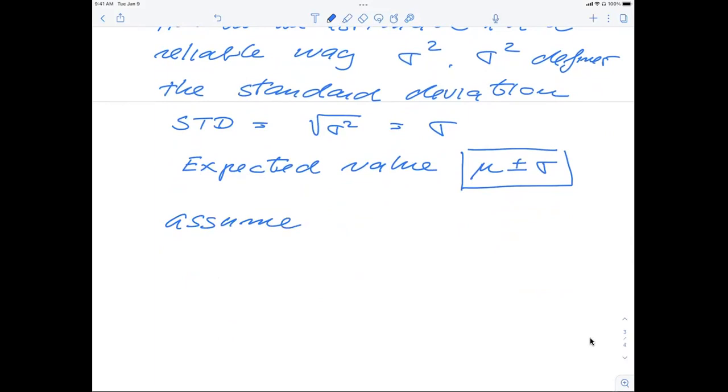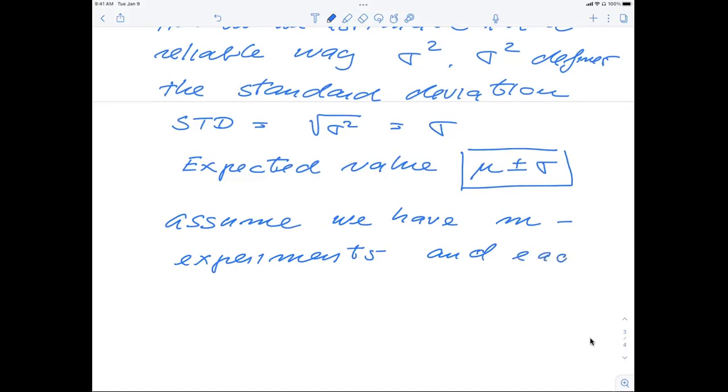So we assume we have M experiments. When I say experiments, it could be a real experiment, but when we think of the Monte Carlo calculations, you have to view them as numerical experiments. We have M experiments, and each experiment has N observations.